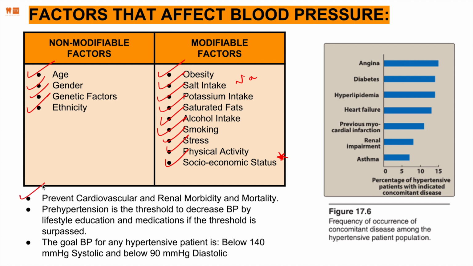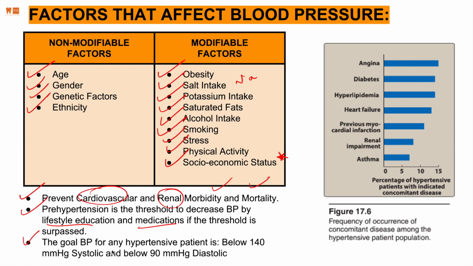Prevent any cardiovascular and renal morbidities and mortalities. So our job is to take care of any renal and cardiovascular morbidities and mortalities. Prehypertension is a threshold to decrease blood pressure by lifestyle education. So the main thing is the sedentary lifestyle needs to be corrected. And then, of course, conjugated with medications if a threshold is surpassed.